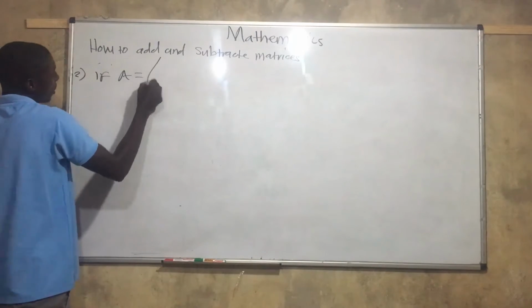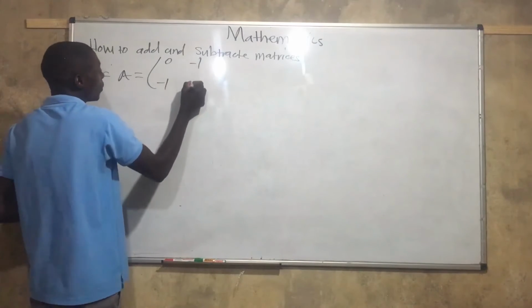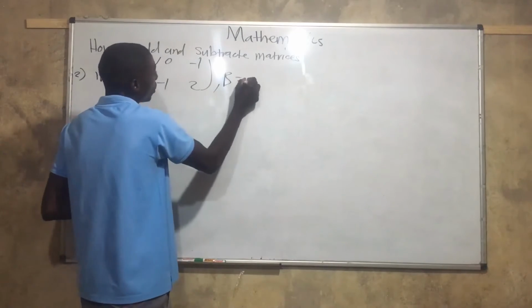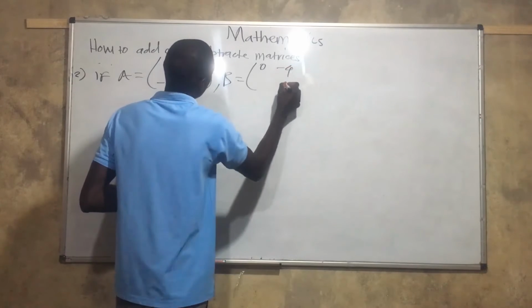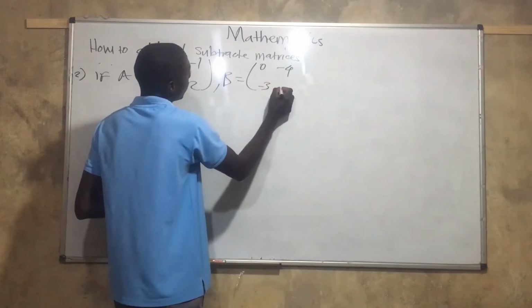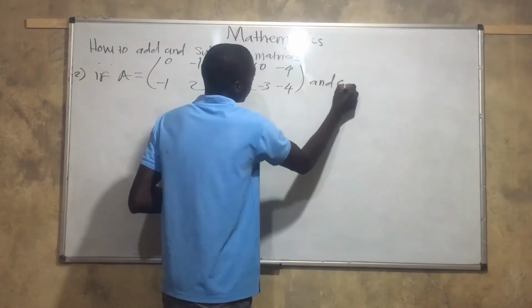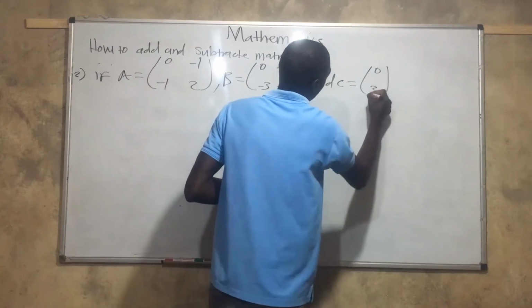If A is equal to 0, -1, -1, then 2, B is equal to 0, -4, -3, -4, and C is equal to 0, then 3.